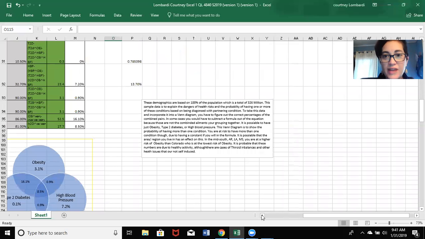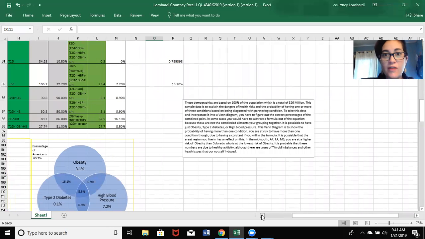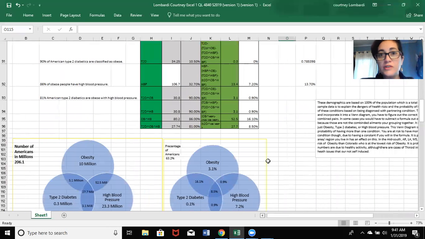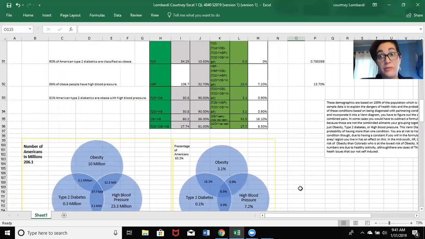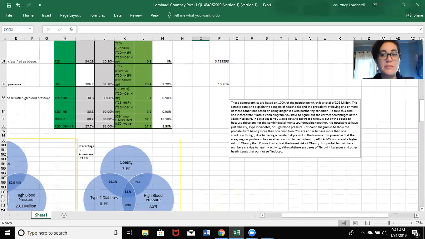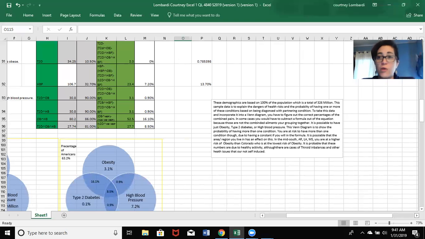So if we live in different areas of our country, we also have a higher percentage of having some of these conditions. For some reason, Arkansas, Louisiana, Mississippi, you're higher for obesity. I don't know why that is. I have lived in Mississippi and now live in Arkansas.